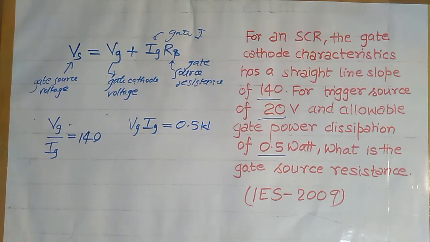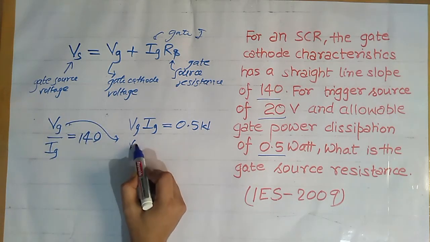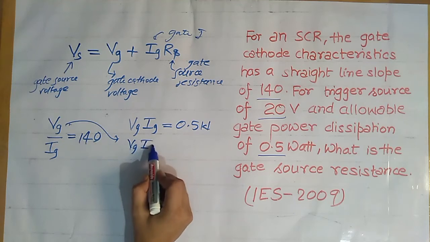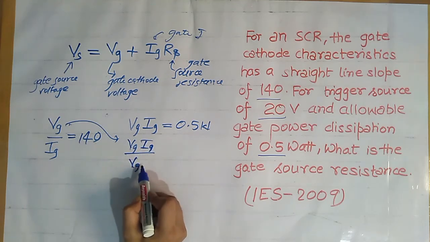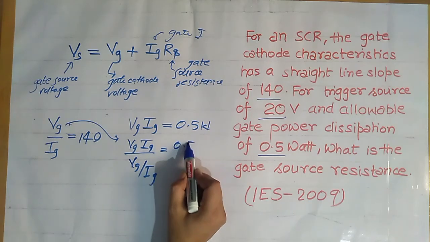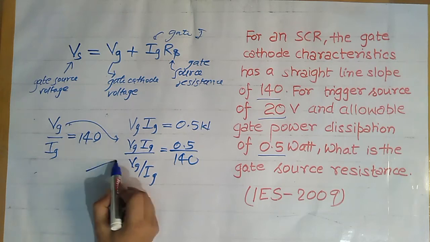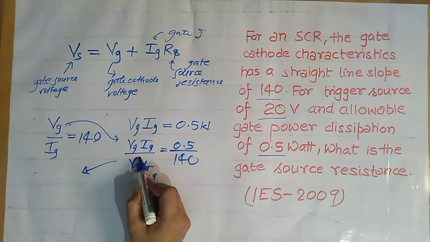Now here, first we will find the value of the gate current. Simply divide: Vg Ig upon Vg by Ig is equal to 0.5 by 140. On solving this, Vg will cancel out.